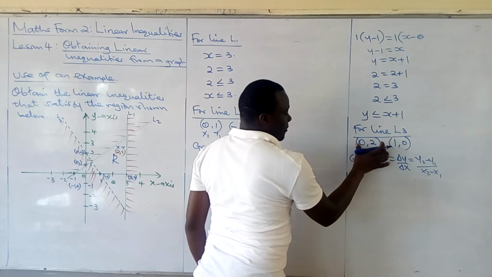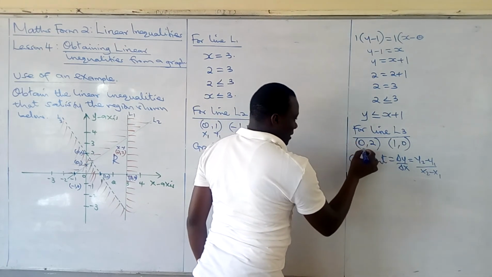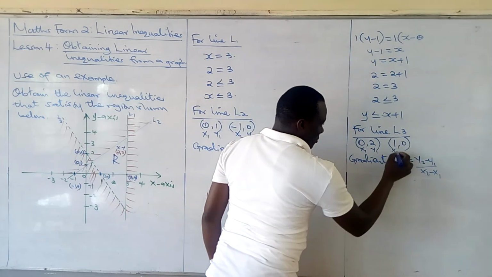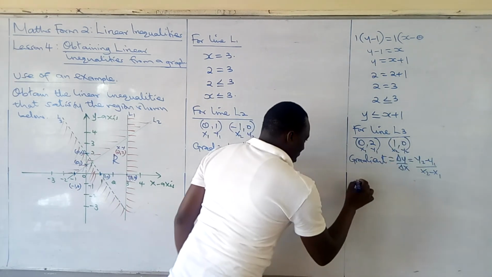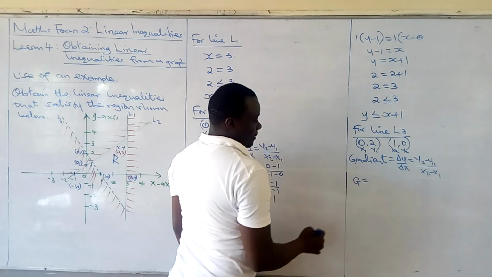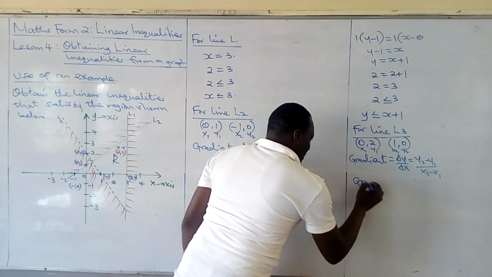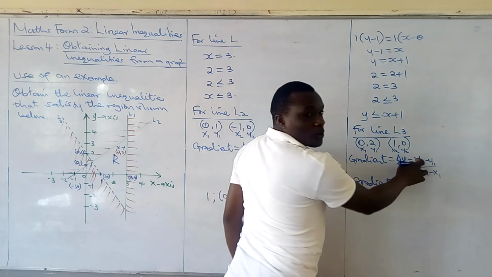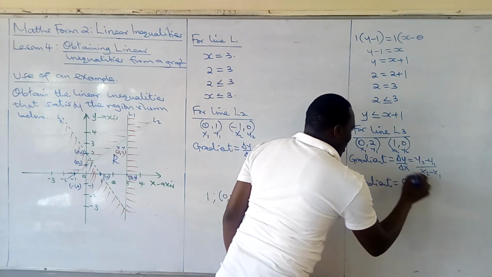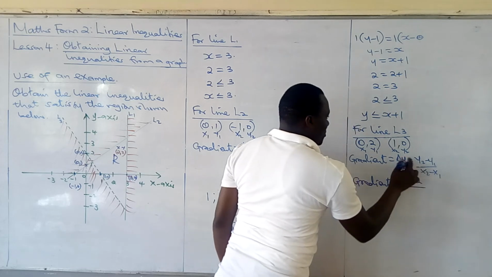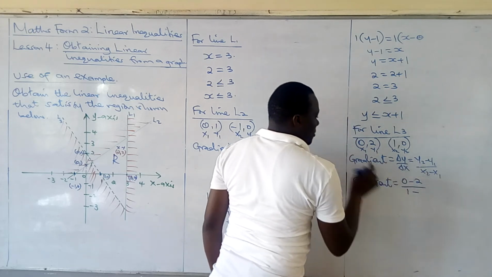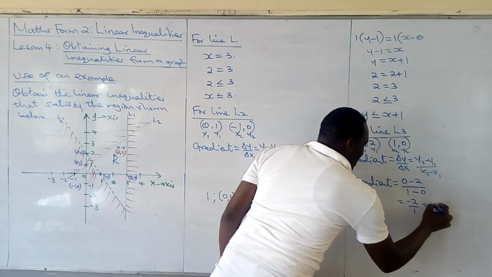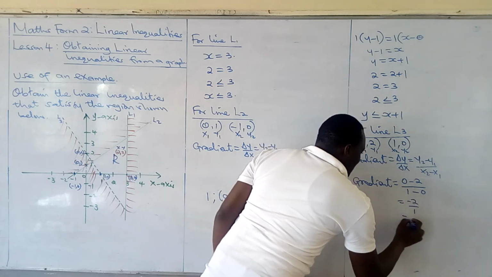From the first point we obtain x1, y1. The second point gives us x2, y2. So our gradient now becomes y2, which is 0, minus y1, which is 2, over x2, which is 1, minus x1, which is 0. This gives us minus 2 over 1, which finally gives us minus 2.